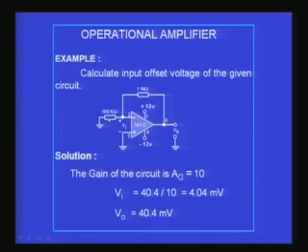Now, I will actually perform the experiment and show you the measurement on the circuit which I showed you just now, and let us see what is the typical output offset voltage and the corresponding input offset voltage.